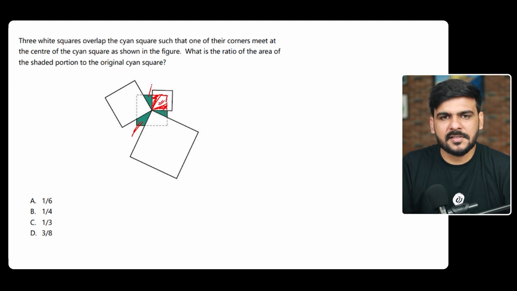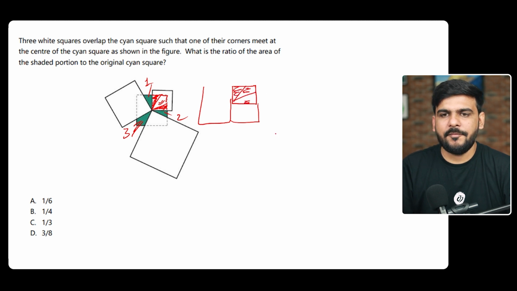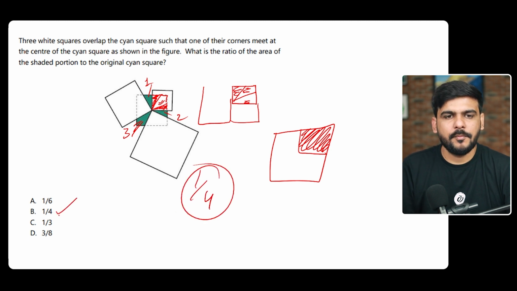That means this first, this second and this third, together, what are they forming? They are forming a portion that is a quadrant like this. So one portion is this, one portion is this, and one portion is this. If I take a square and these three together are filling one of these portions, so it must be 1/4. So as we know, B is the correct answer.